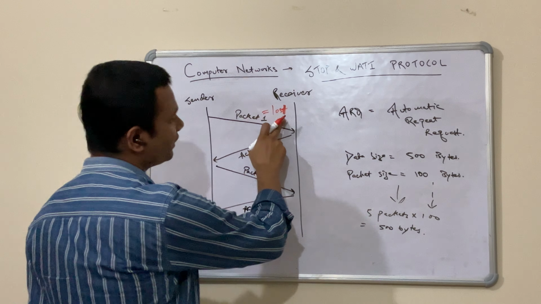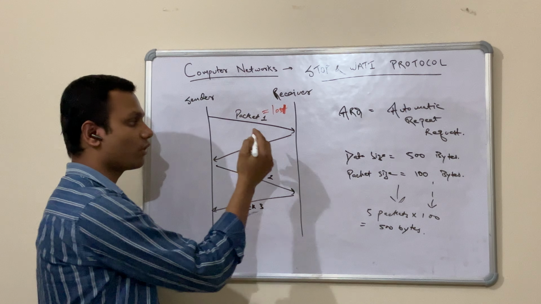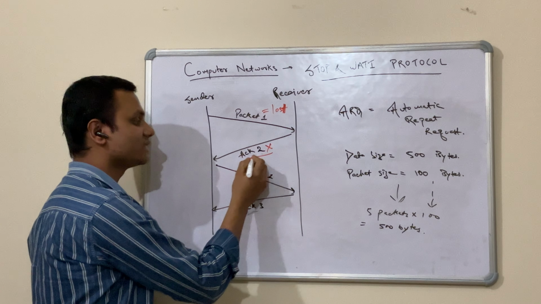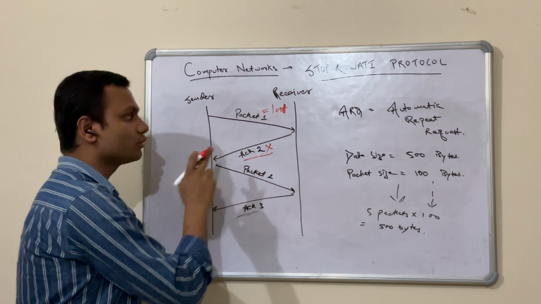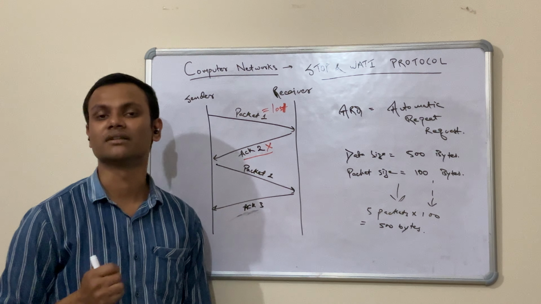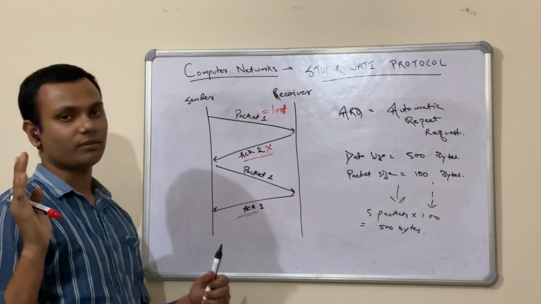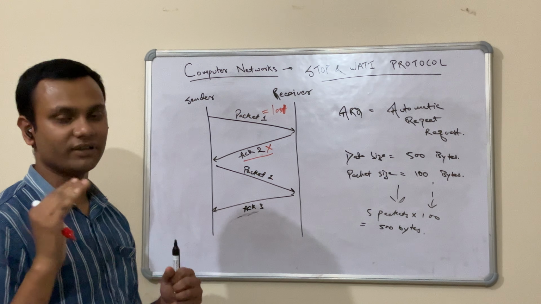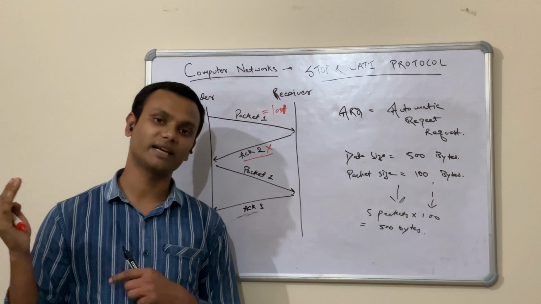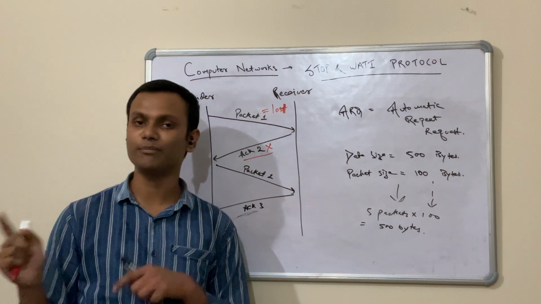So packet 1 is lost. As packet 1 is lost, no ACK 2 is generated by the receiver. So how are we going to handle this condition? The sender decides a time that within this time, if I didn't get the ACK, I will retransmit the same packet.